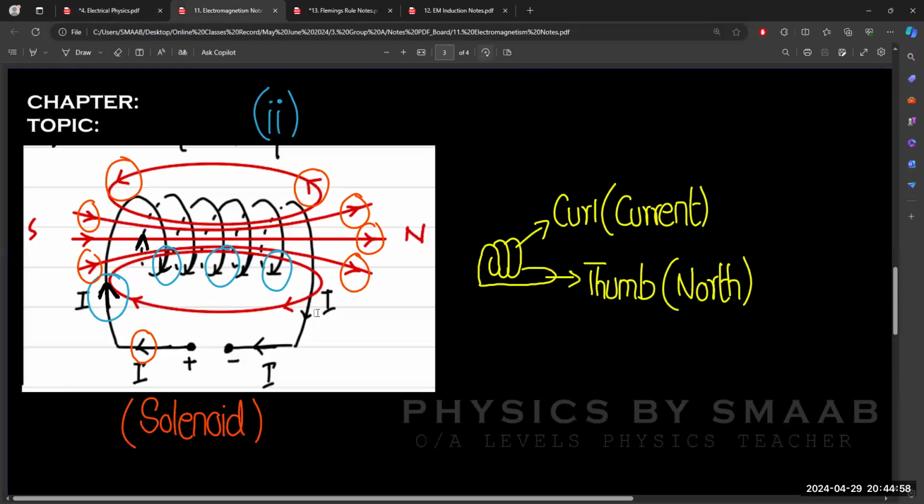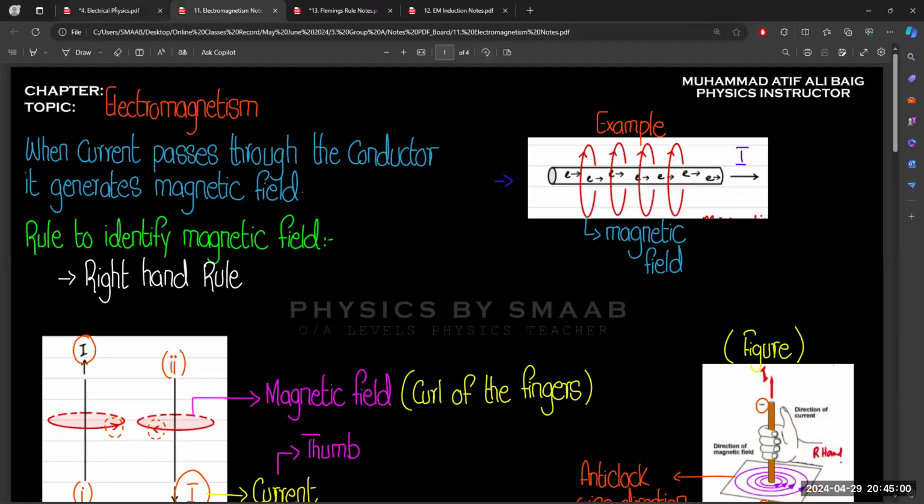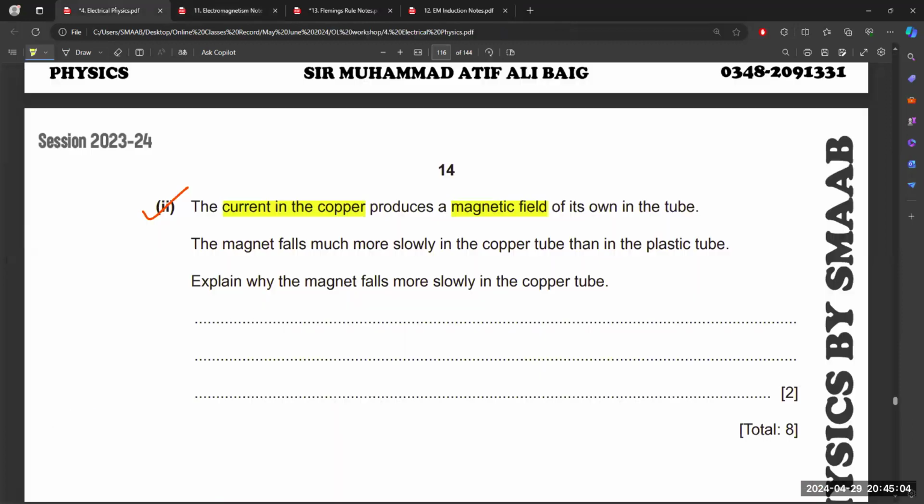The magnet falls much more slowly in the copper tube than in the plastic tube. Explain why the magnet falls more slowly in the copper tube.